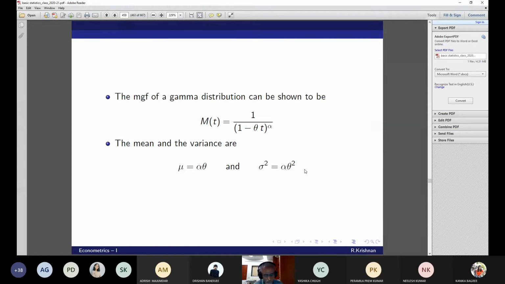The one trick that you need to do is that you rewrite it in such a way that there is a gamma alpha outside. There will be a gamma alpha in the denominator, so there should be a gamma alpha in the numerator so that these two get cancelled. After that, it's easy.